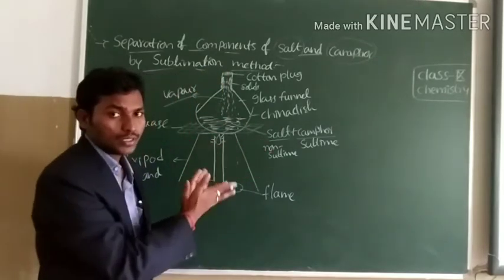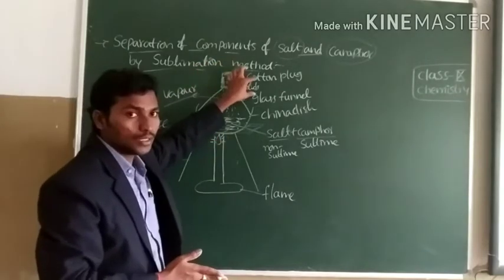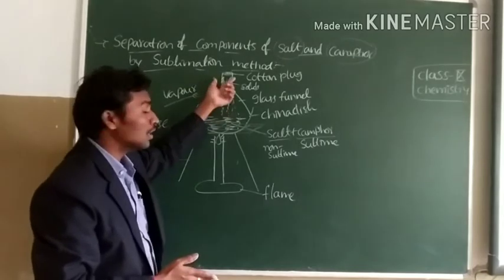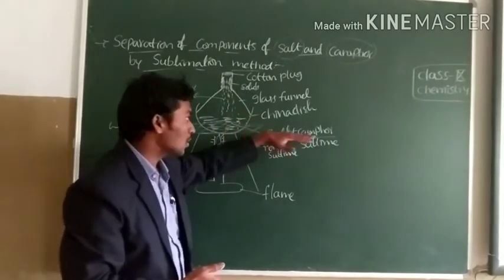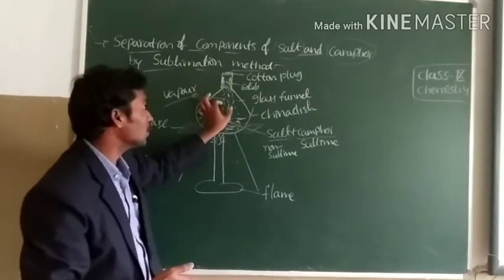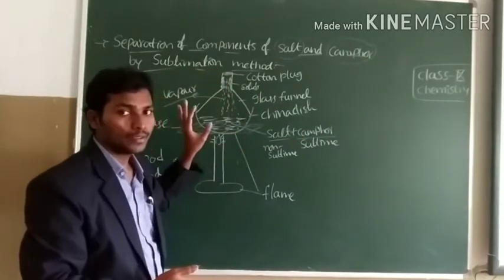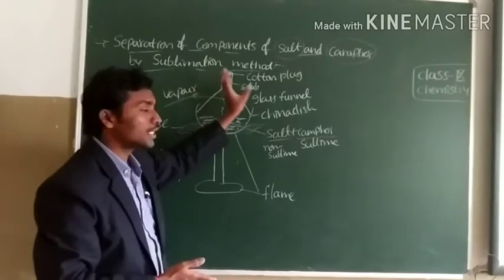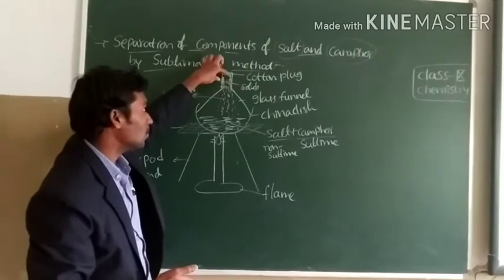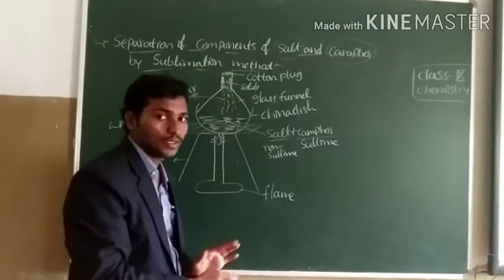When the mixture is allowed to cool for some time, the vapors recondense, and the vapors of the camphor are deposited over the walls of the glass funnel. Then we can separate the solid form of camphor which is deposited over the walls of the glass funnel.